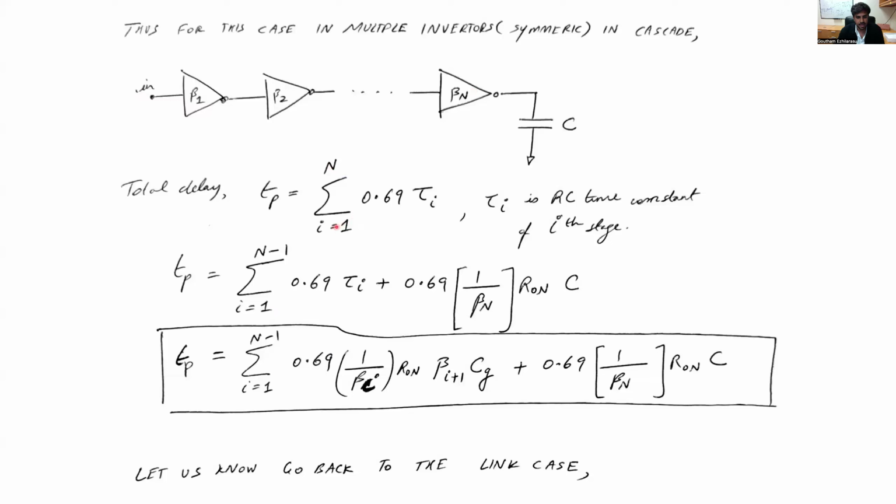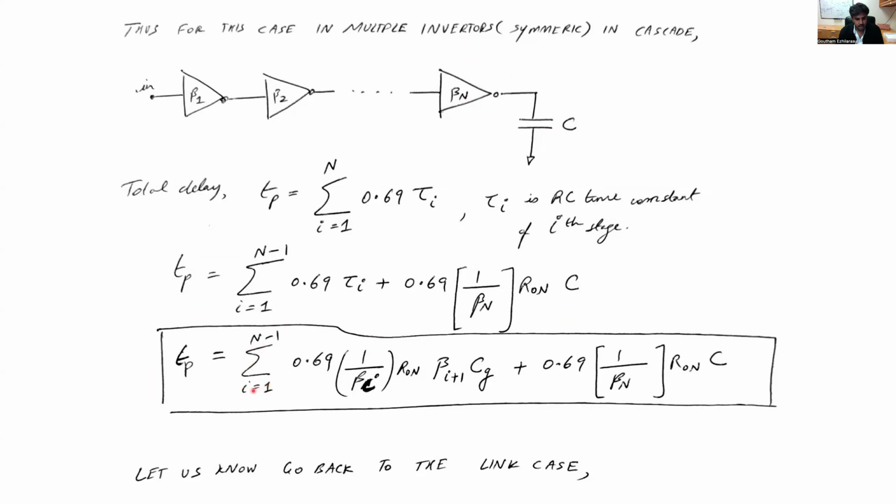This is equal to the sum over i from 1 to n minus 1 stages of the delay, plus the final delay, which is because of the charging of the output load capacitance through the on resistance of the nth stage. So it's going to be 0.69 times 1 over beta n R on times the load capacitance C. This is the overall delay in signal transmission from the input all the way to the final load capacitance C.